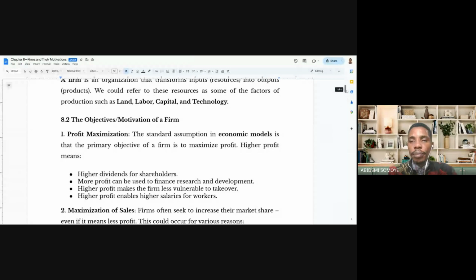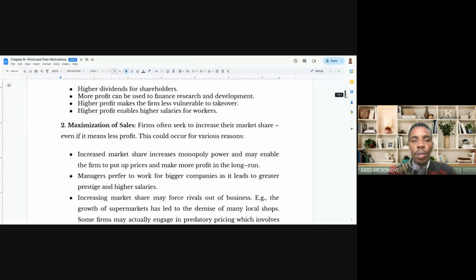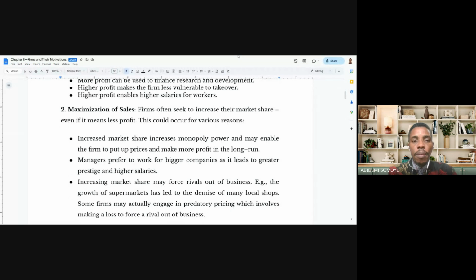All right. So number two, maximization of sales. A firm can decide to engage in productive activities or start a business to maximize sales, to be able to sell as much product as possible, or to sell as much service as possible. For example, firms often seek to increase their market share, even if it means less profit.